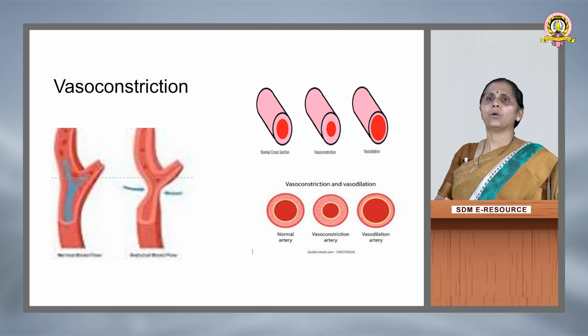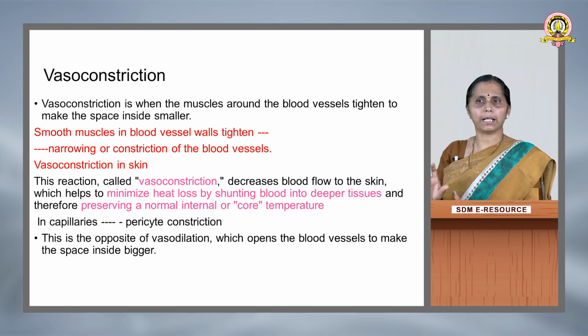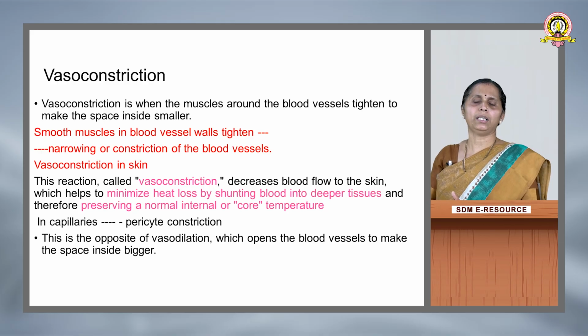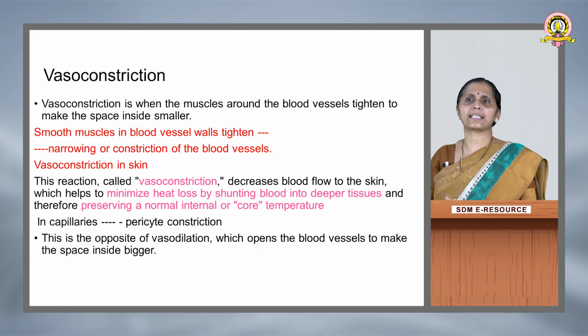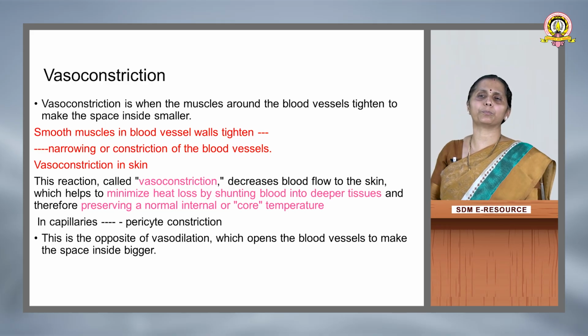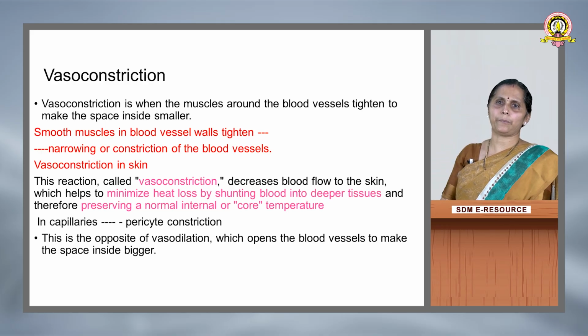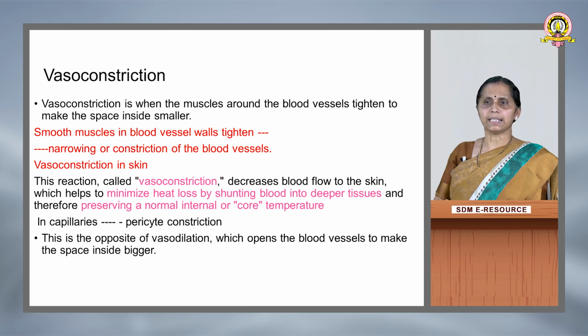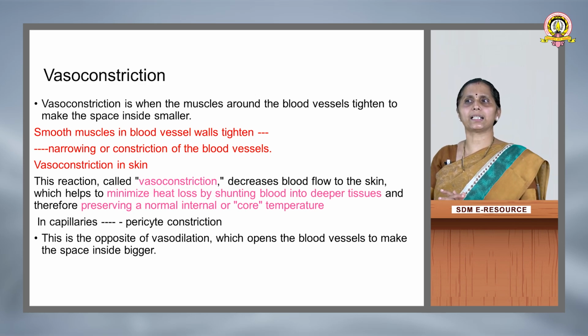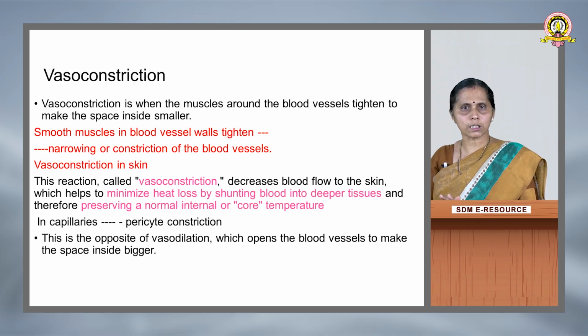So, the smooth muscles in the blood vessel wall get tightened, and that tightening of the smooth muscle results in constriction. Whenever constriction occurs, many times it helps the body to minimize the heat loss and decrease the blood flow to the skin.